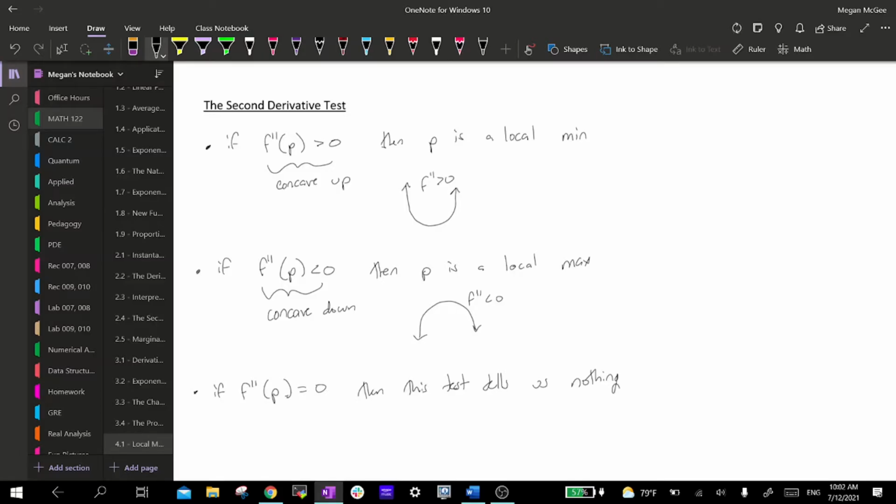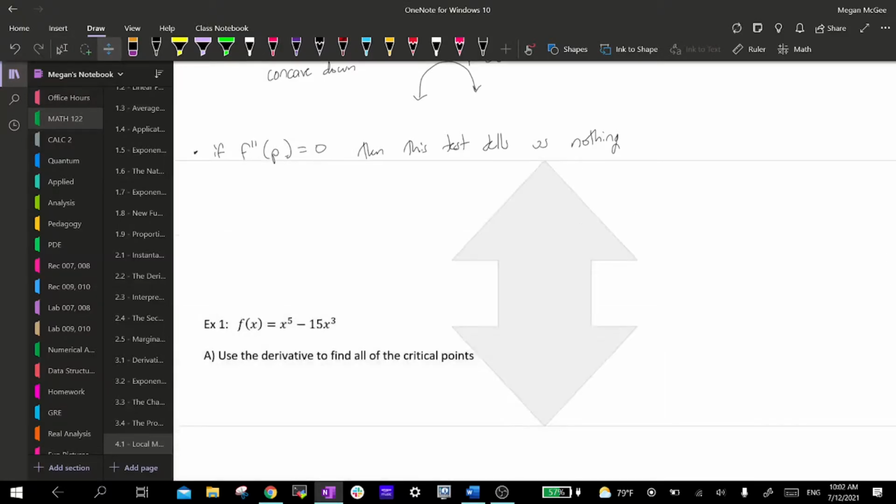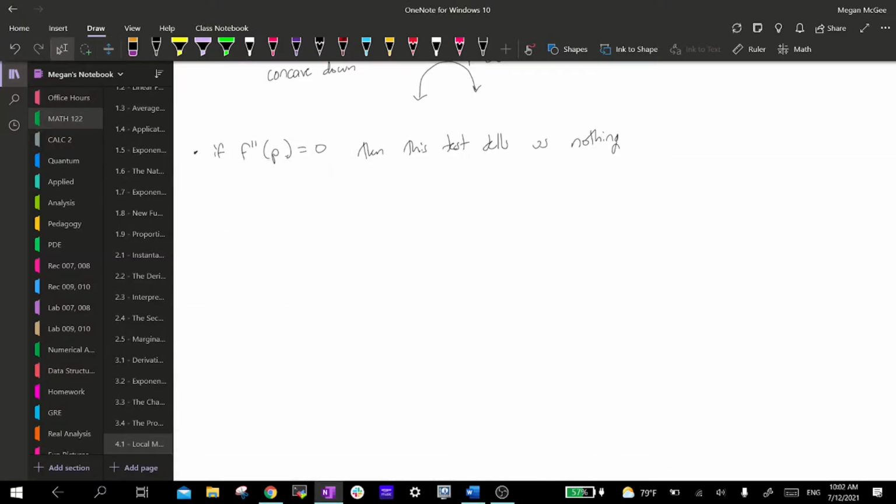Okay, we have one more little note to make, and then I promise we're jumping into our first example finally. Gotta give a little more room for this note. So, this is an important note here. Not every critical point is a local min or max.